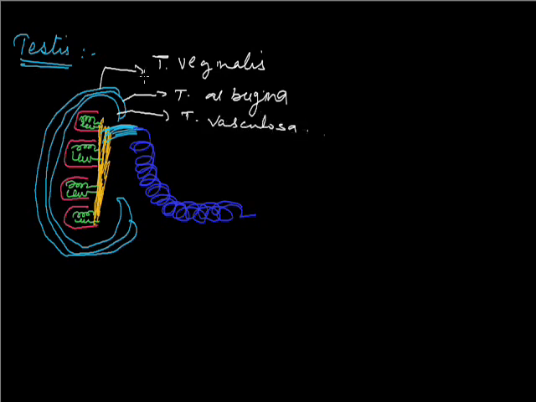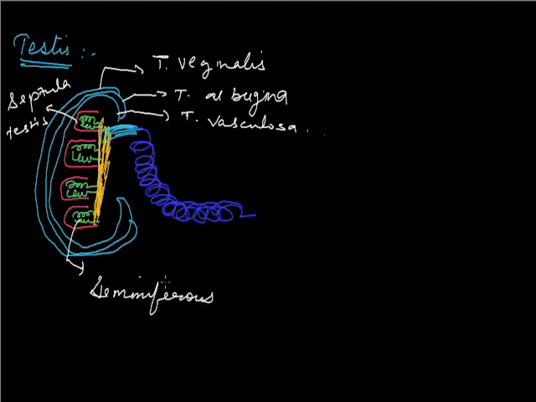These are the 3 membranes which are covering the whole testis. Inside this, I told you that it is divided into septums, and these are known as the septular testis. All these sections, septums, are known as the septular testis. Inside the septular testis, we can see 2 to 3 coiled structures. These are the tubular structures known as the seminiferous tubules.